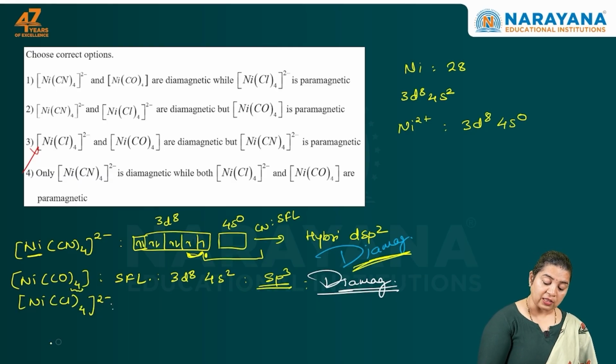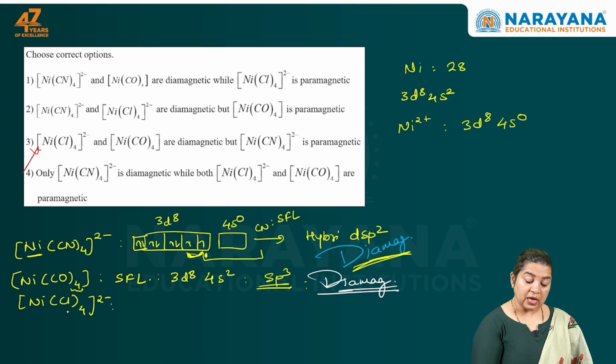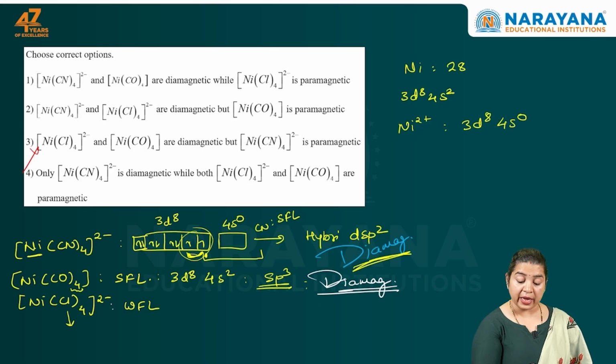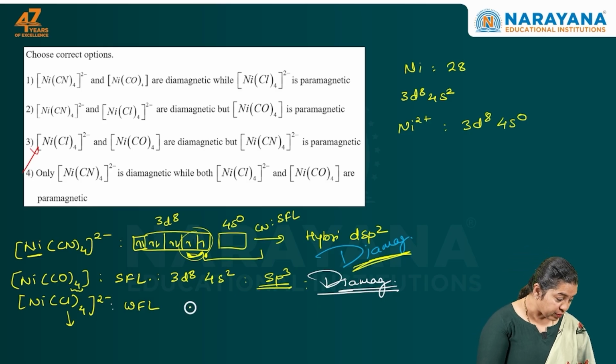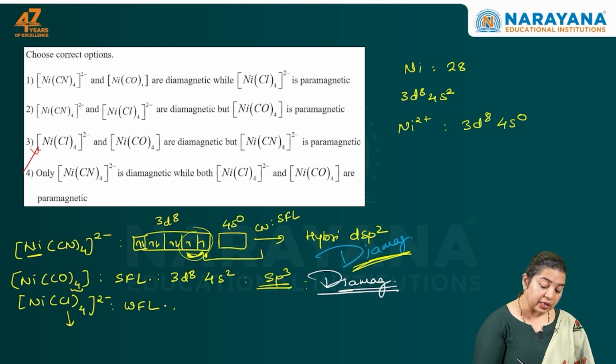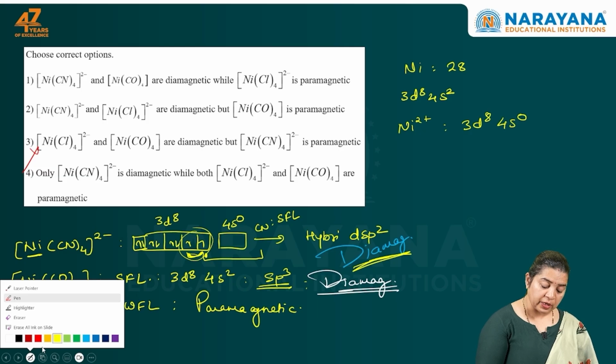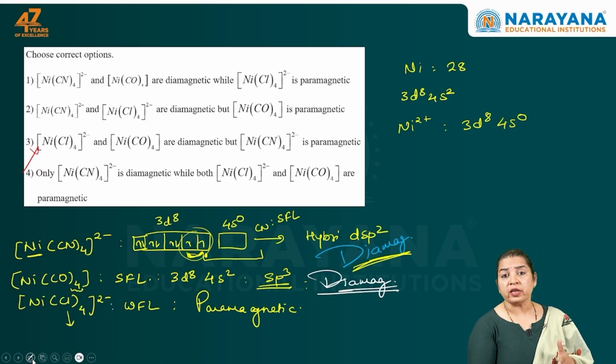Let us check this last one, NiCl4 2 minus. Nickel is in 2 plus, so the configuration is like that. But Cl is a weak field ligand. If Cl is weak field, these 2 electrons will remain unpaired, so this is going to be paramagnetic. These 3 particular complexes are very important.